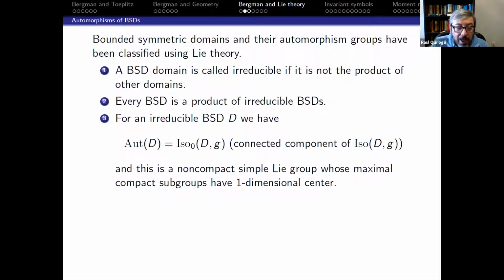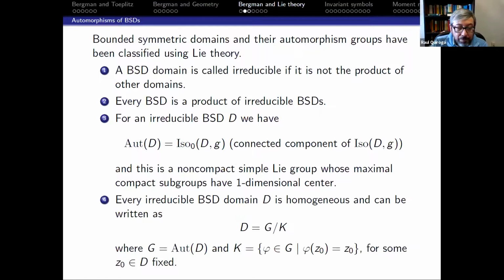That again was done. And as I said, irreducible bounded symmetric domains are homogeneous by holomorphisms, so you can write them as the quotient of the automorphism group by the isotropy of some point. This is always a compact group.